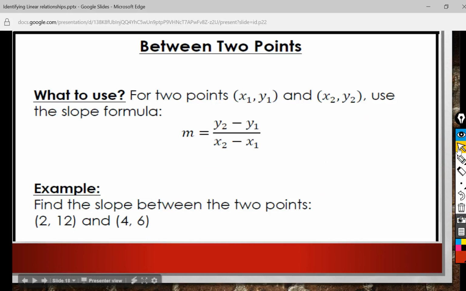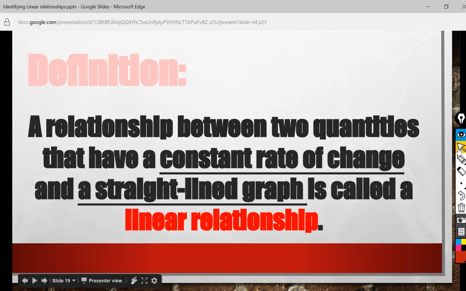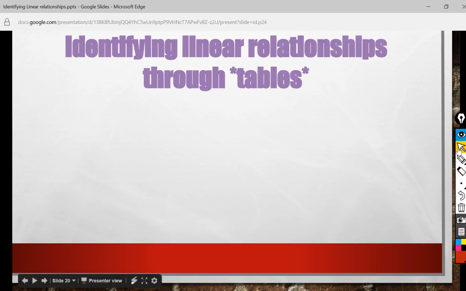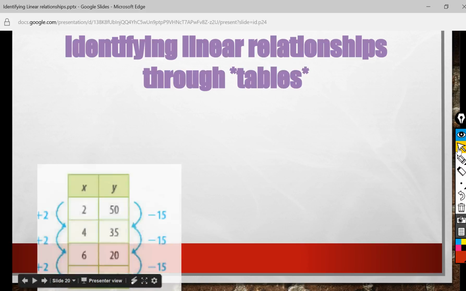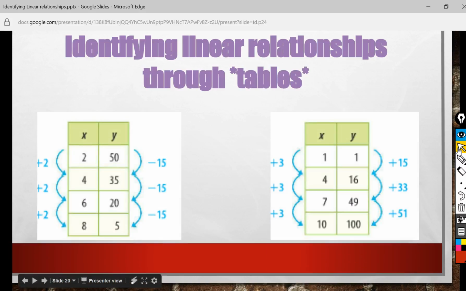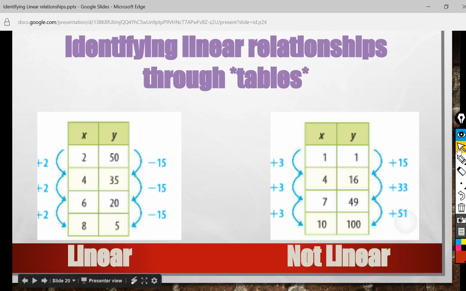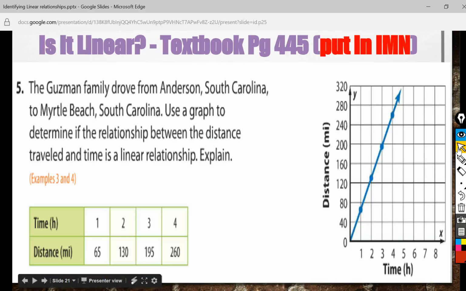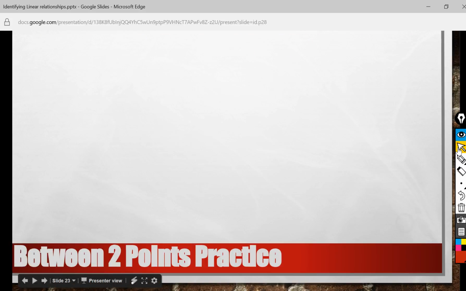All right, so next slide. This is just revisiting how you identify if a table is linear or not. And then this is practice.